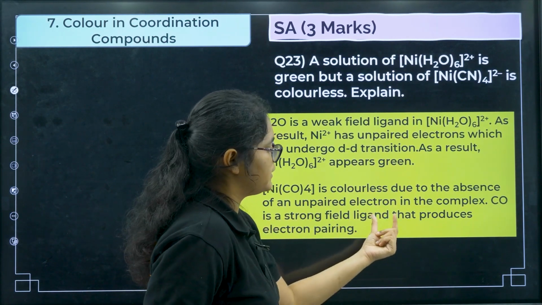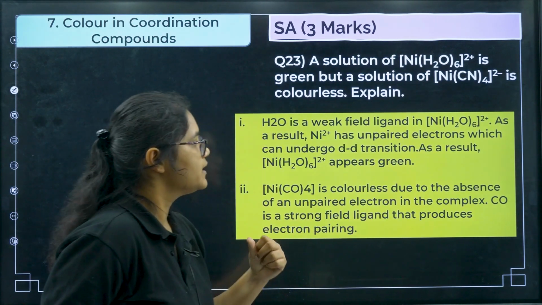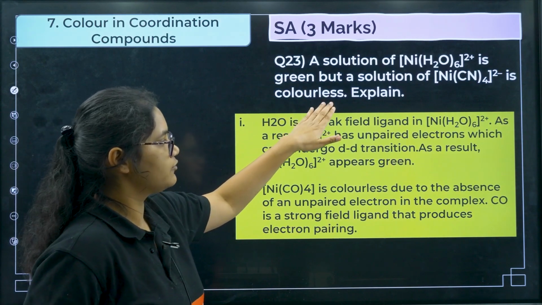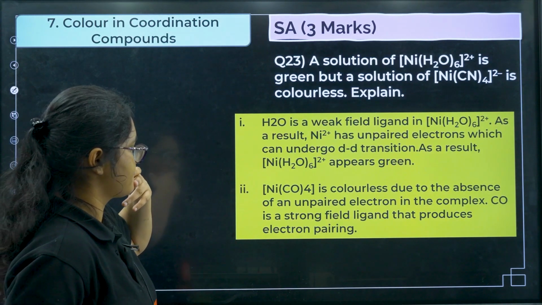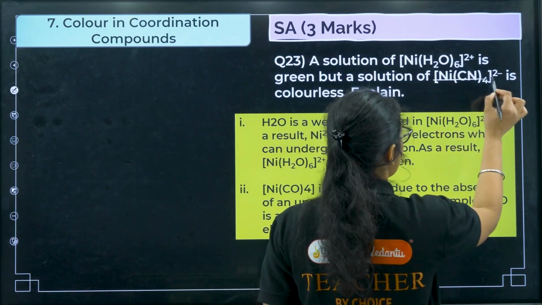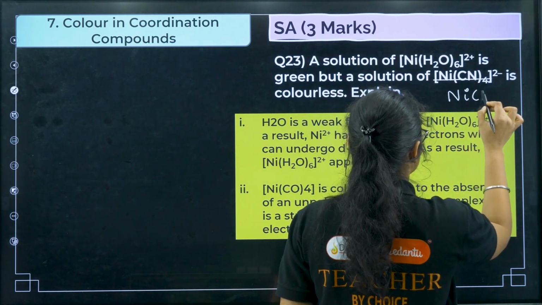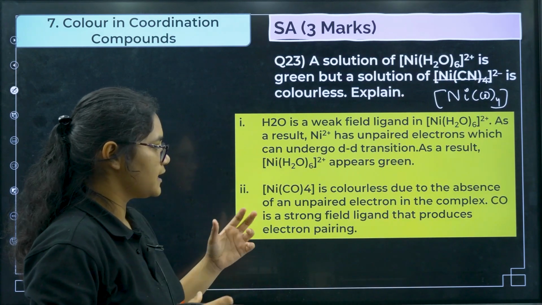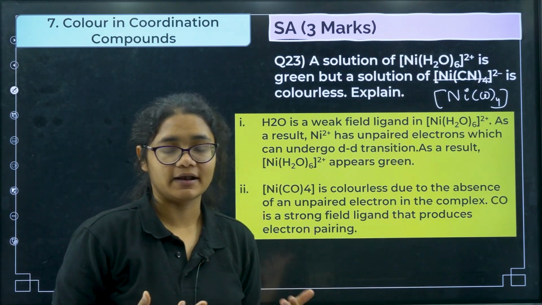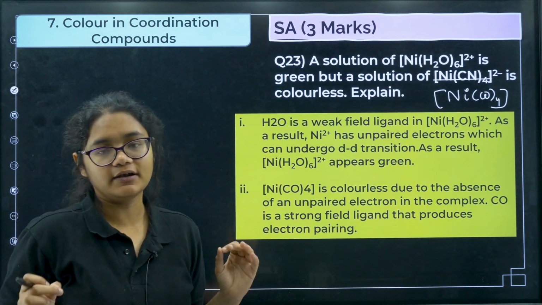CO is a strong field ligand that produces electron pairing, so here there is no unpaired electron. Okay, this was actually Ni(CO)4. So now see, Ni(CO)4 is colorless because there is no unpaired electron which can undergo d-d transition.